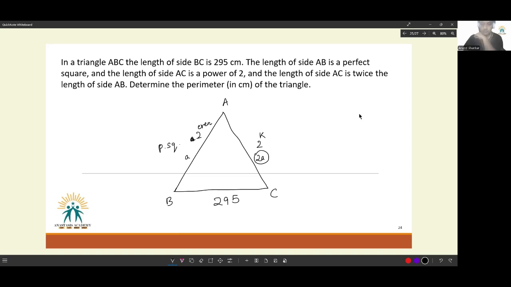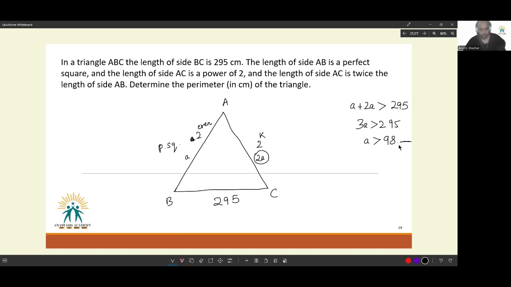So now I have A plus 2A has to be greater than 295, which means 3A has to be greater than 295, or A has to be greater than 98 point something. It also has to be a power of 2.